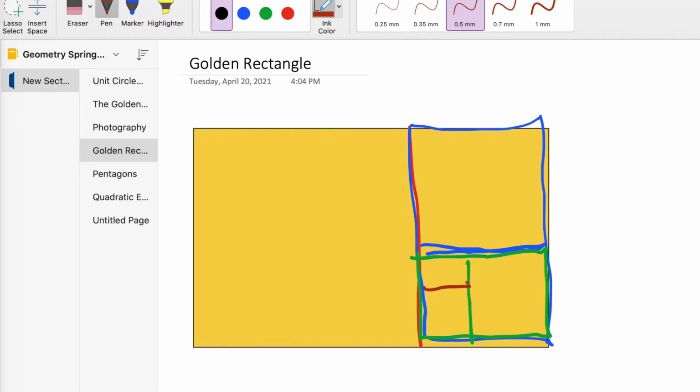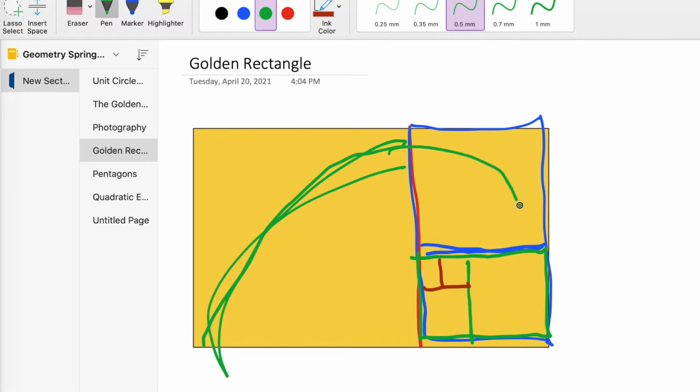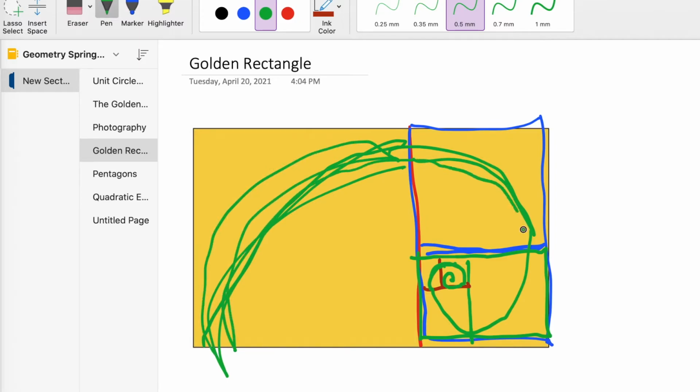Cut that into a square, and so we keep going on with that game, and you just use a quarter of a circle, an arc. Ooh, this is a terrible one. You use a quarter of a circle here, quarter of a circle here, quarter of a circle here, quarter of a circle here, and it begins to spiral into that pattern we would call the Fibonacci spiral.